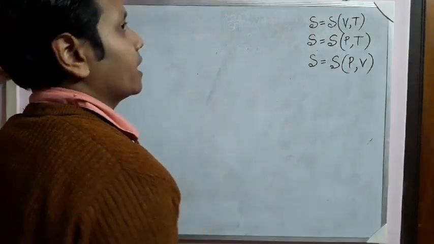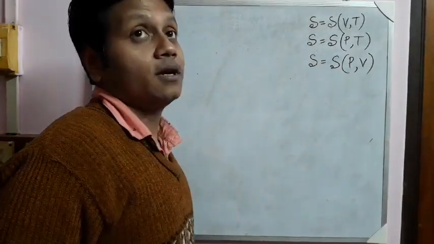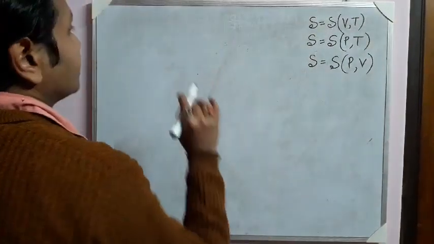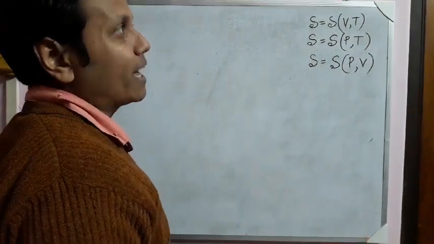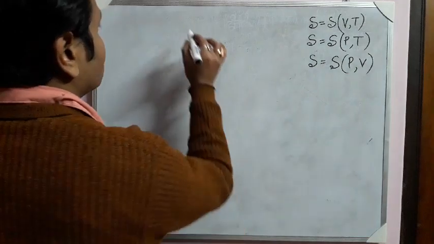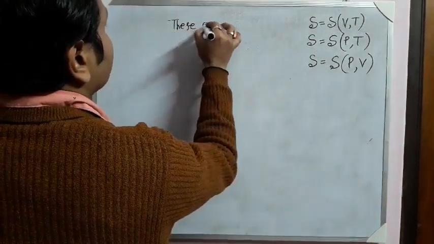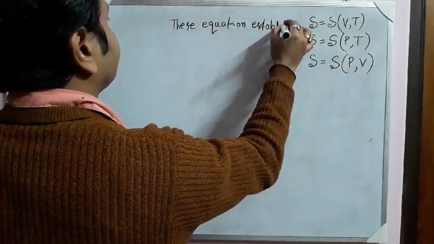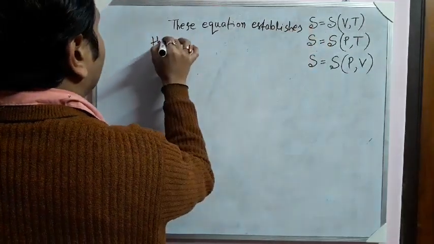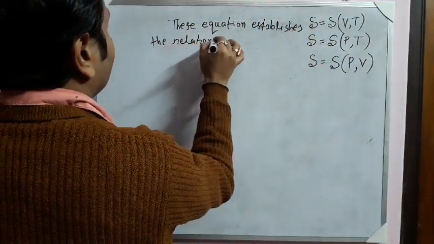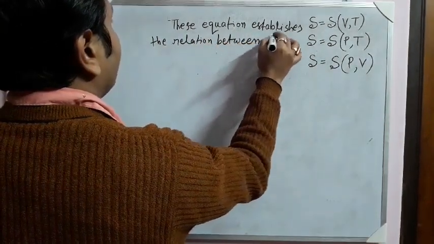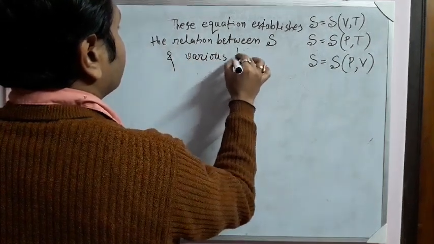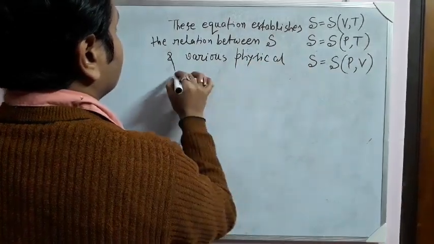Okay, so everything is fine. Now what is the significance of these equations? If you are asked what is the significance of TdS equations, then you can simply say this equation establishes a relation between entropy S and various physical quantities.